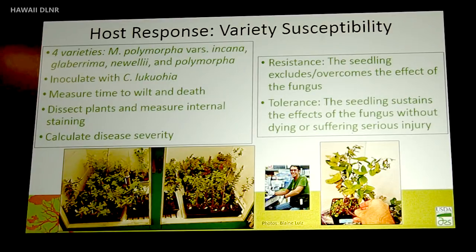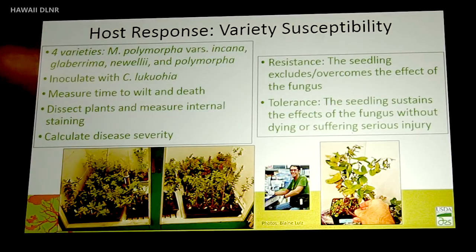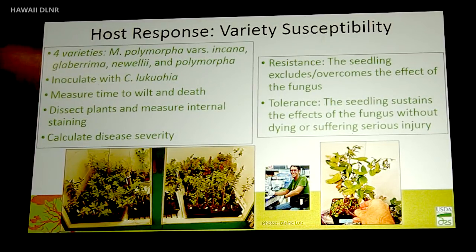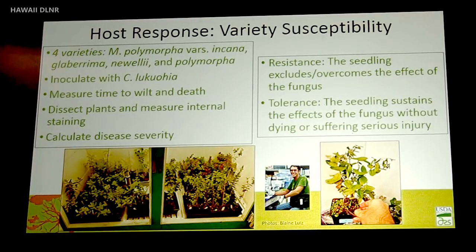And not move around. But what he did was he took the 4 varieties, he took the more aggressive pathogen to start because we just didn't have enough seedlings to work with overall. So he inoculated them with Ceratocystis Ohi'a, and you wait and you watch and you take measurements. So you try to figure out, well, how long does it take to actually wilt?